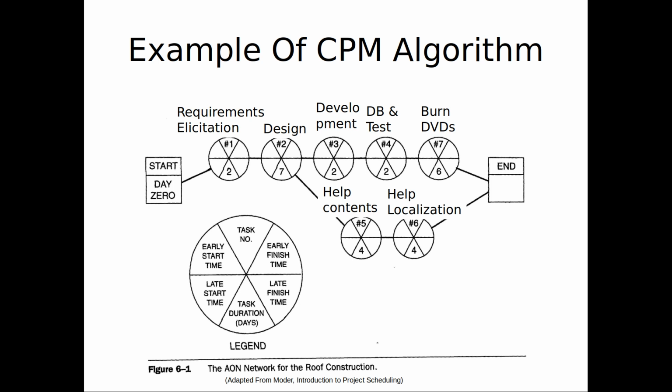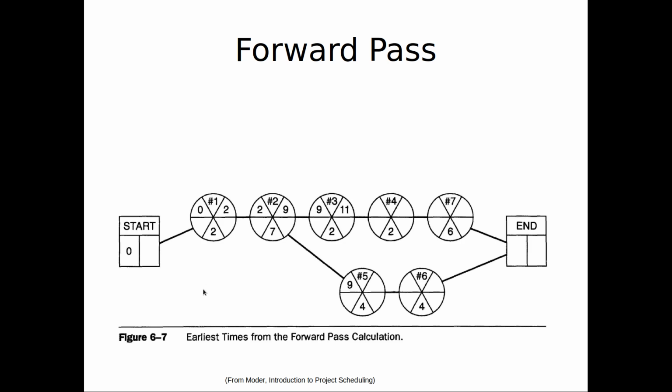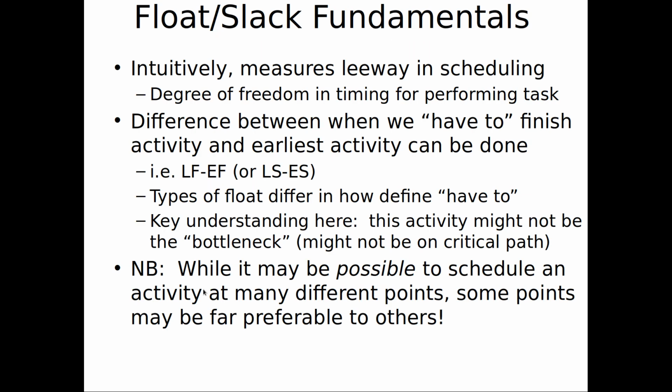So, forward pass, max, where you encounter this kind of coming together, and backward pass, where you encounter this split, working backwards, you have to take the minimum of the time by which it could be secured, okay? I want you to know the float, the difference between early start time and late start time, and be able to take that into account in your calculations.